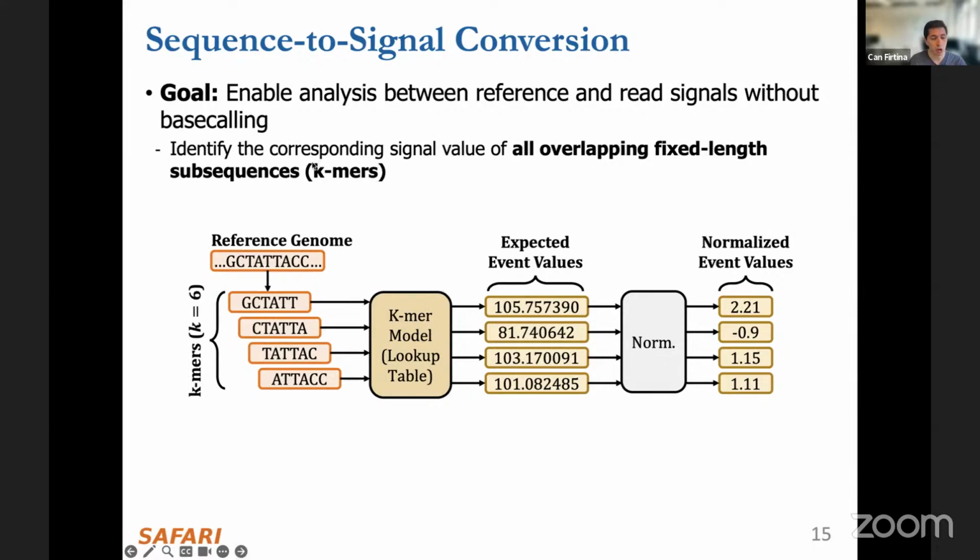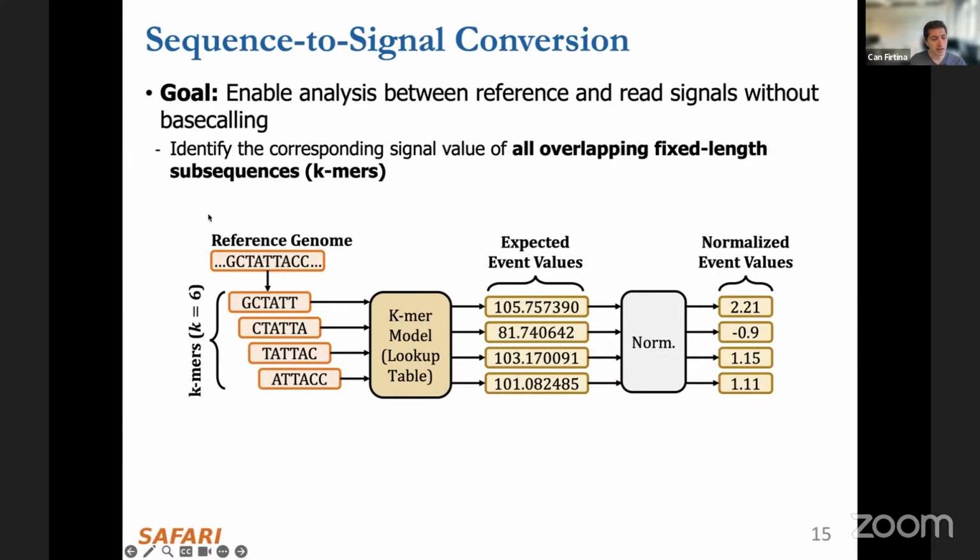We essentially want to compare the signals to each other, not convert the signals to bases and then compare them in the sequence domain, because that sequence conversion needs to happen online if we're converting the signals to sequences, and it can be costly to do so. So we really want to offload the costly part to the offline step.